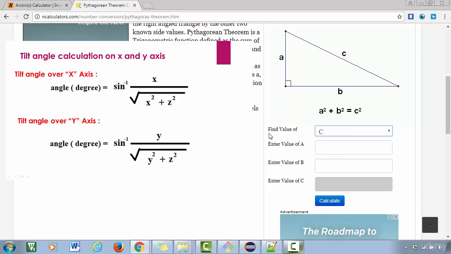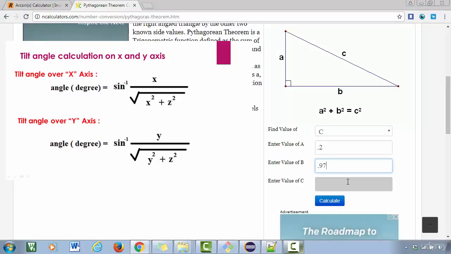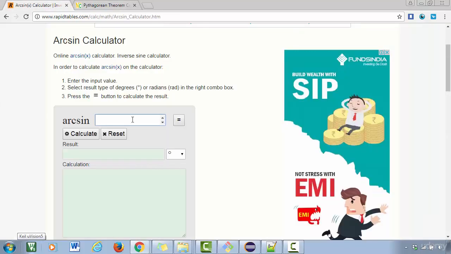So I'll just say find the value of c, and I'll give 0.2 and 0.97. All right, now just calculate the square root. This turns out to be 0.9904. So what do you have to do now? y divided by 0.99.